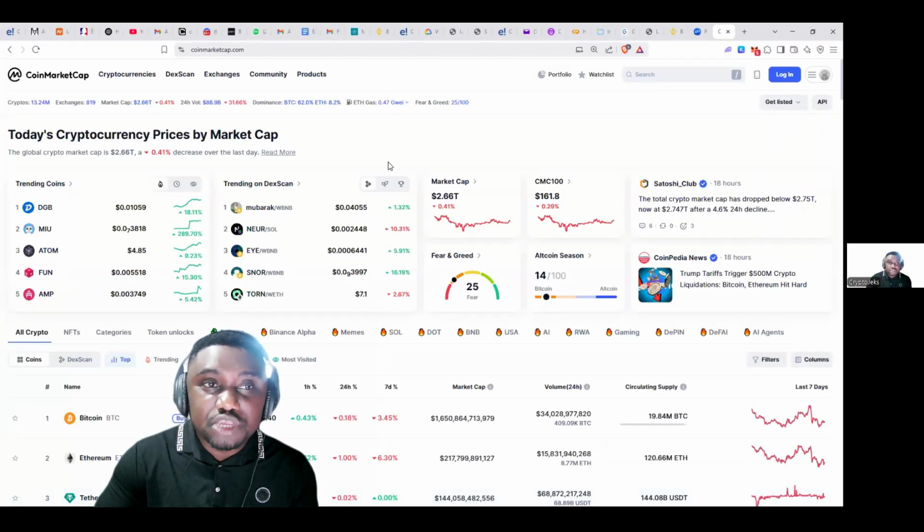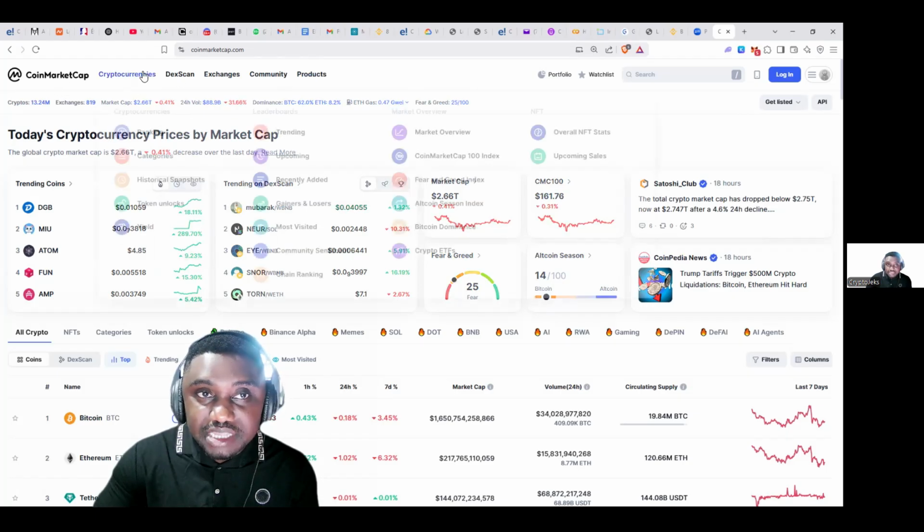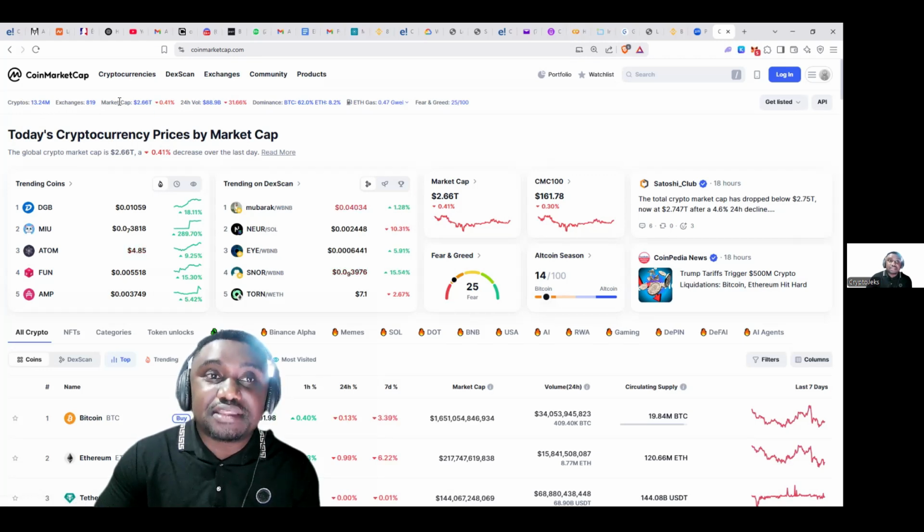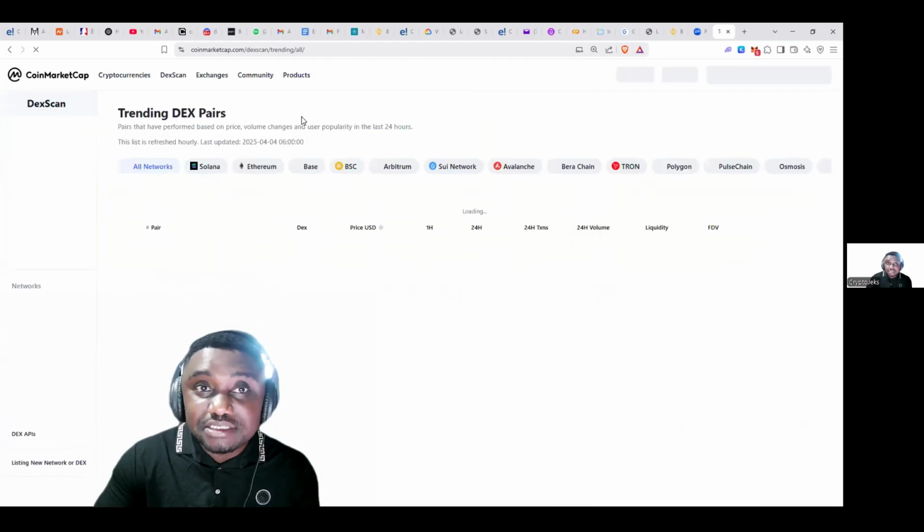All right. So if you're a beginner and you don't know what CoinMarketCap is, CoinMarketCap is one of the major websites that helps us to have an overview of the entire crypto market in terms of the number of cryptocurrencies that has been created, okay, and also the number of exchanges that are available, and also the entire market capitalization of the crypto space, as well as so many other important factors like BTC dominance, which plays a major role in terms of how the crypto market is controlled by Bitcoin, right, as the mother cryptocurrency.